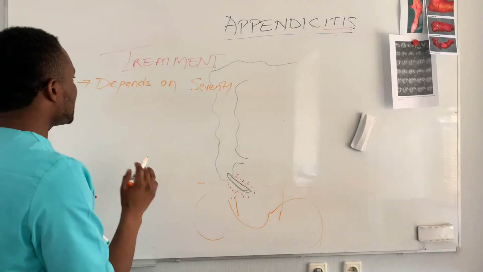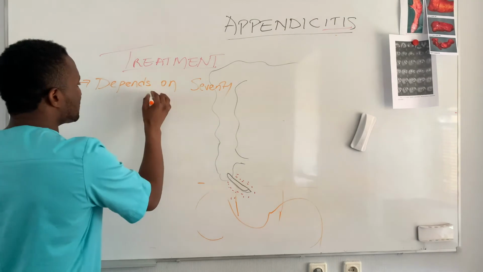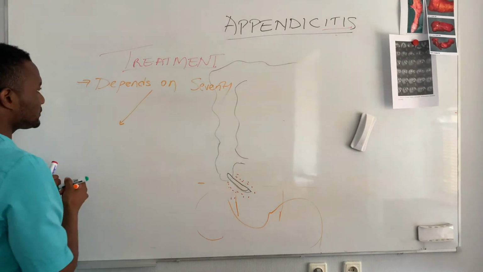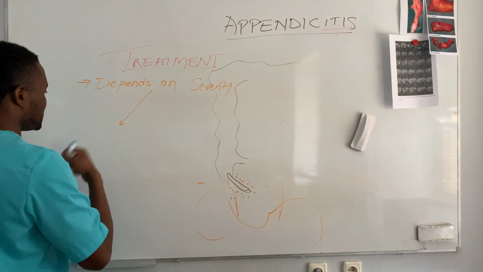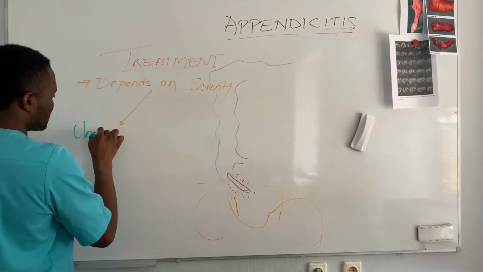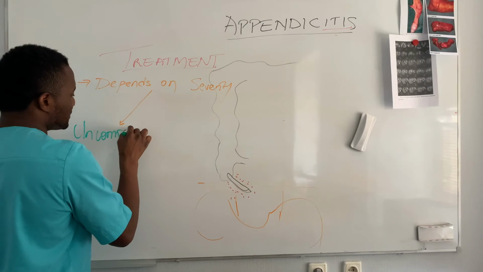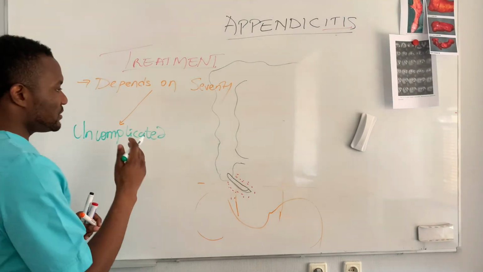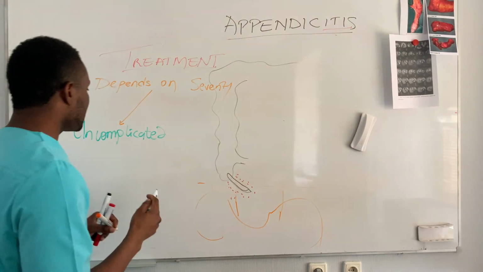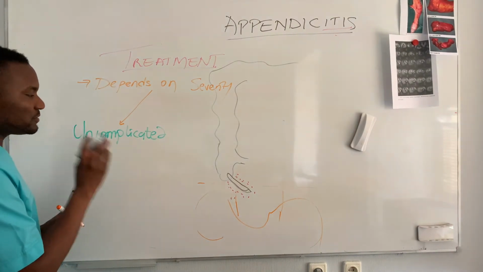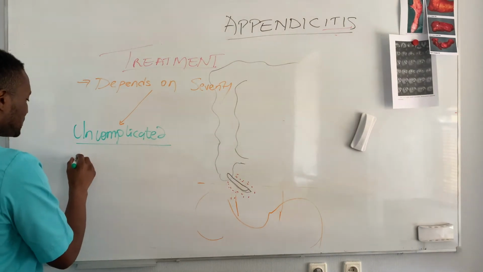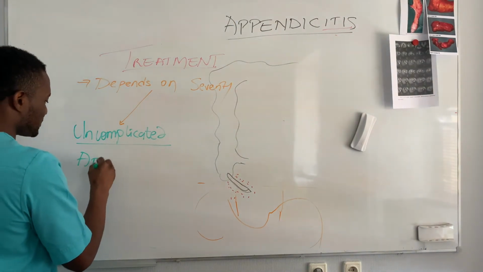So if your patient has, and I will divide this into two, here we will have uncomplicated and complicated cases. So if the case of appendicitis is not complicated, you will go straight to appendectomy.